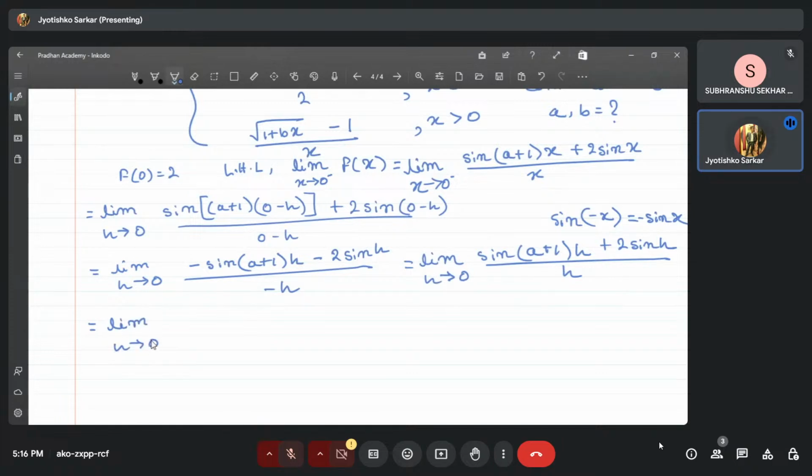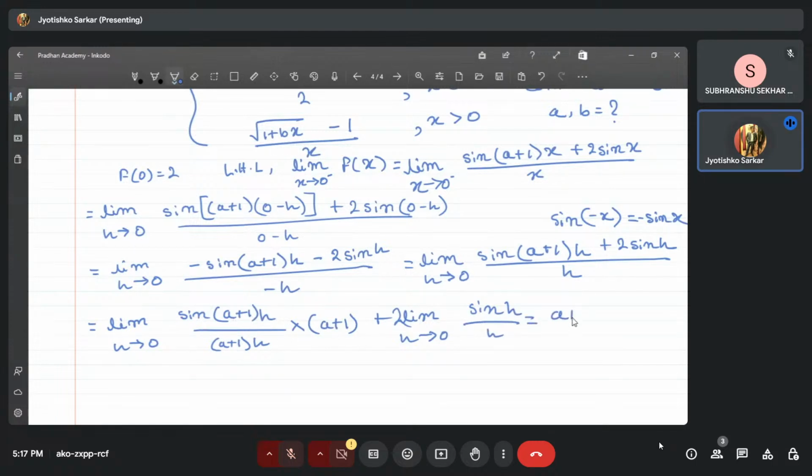Now I can write this as a plus 1 plus limit, and from this I will get 1 into (a plus 1), so a plus 1 plus 2, so here I am getting a plus 3.